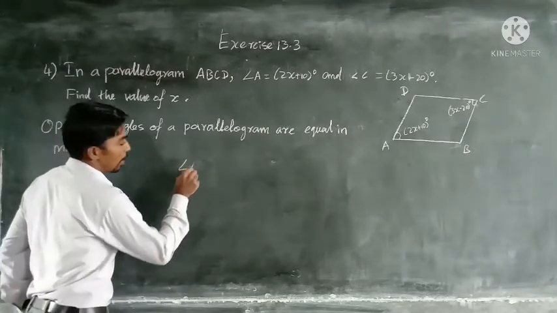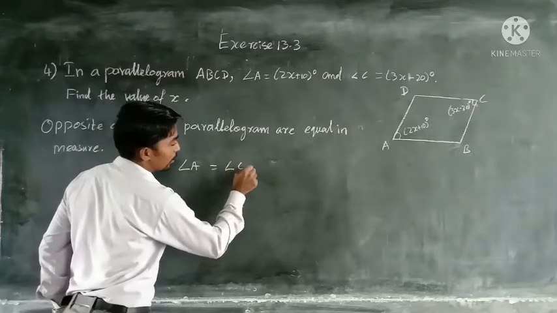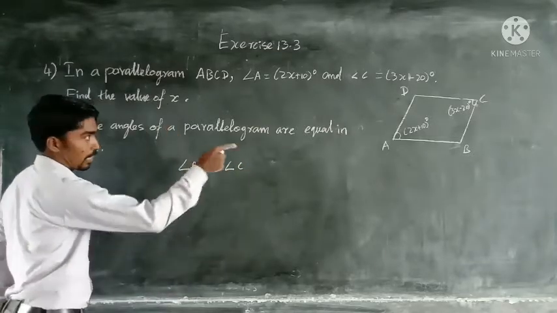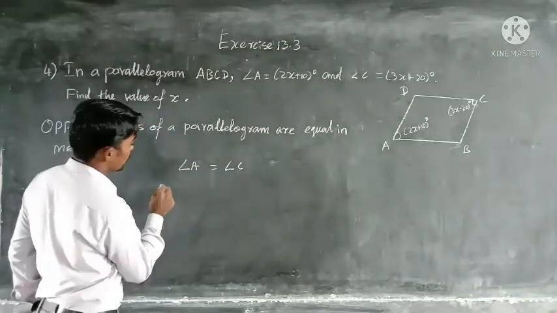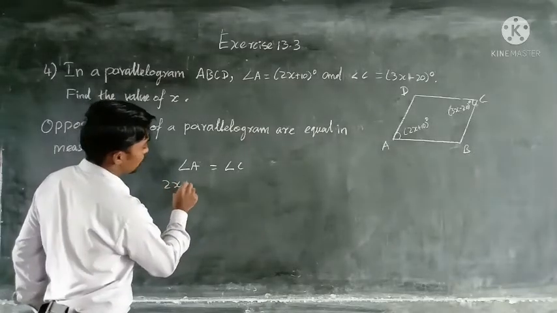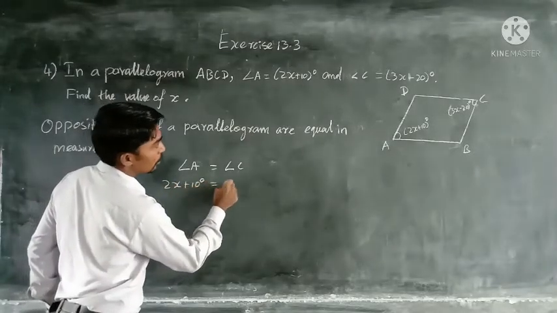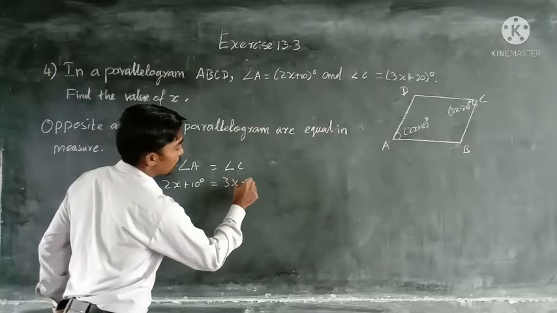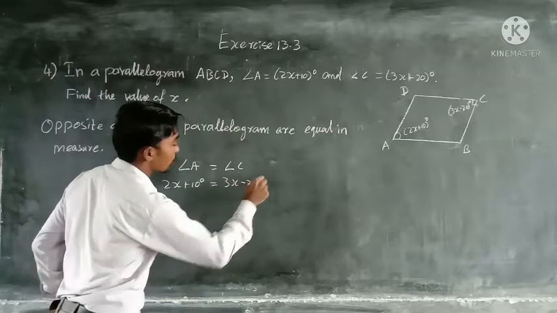Therefore, angle A is equal to angle C. Then we can write its corresponding values, that is 2x plus 10 degree is equal to 3x minus 20 degree.